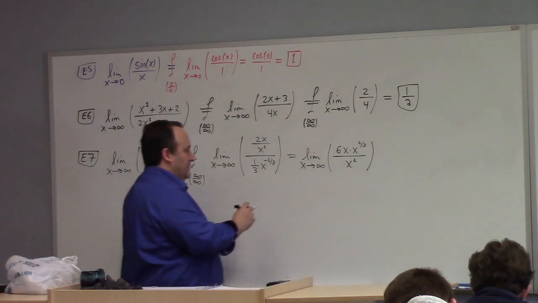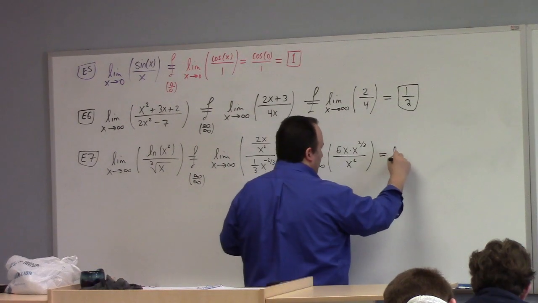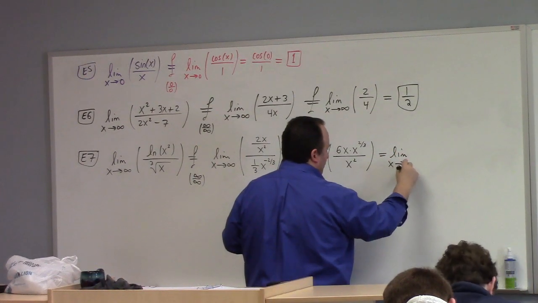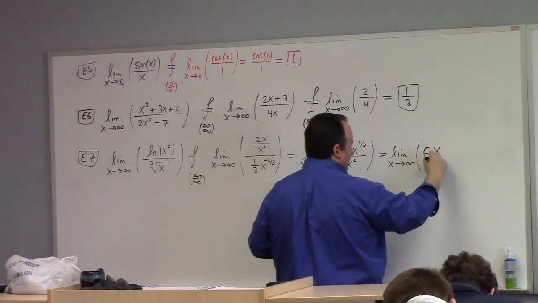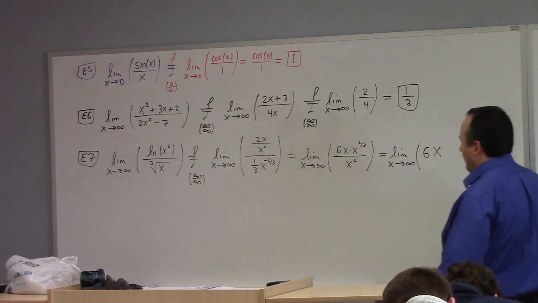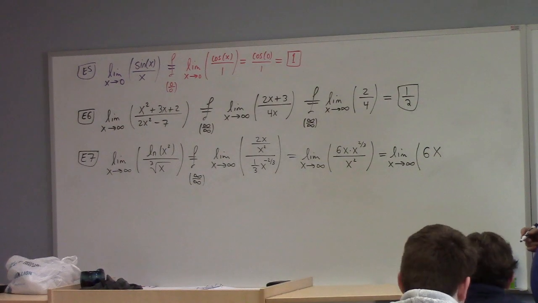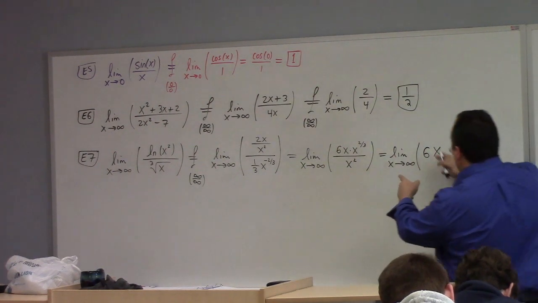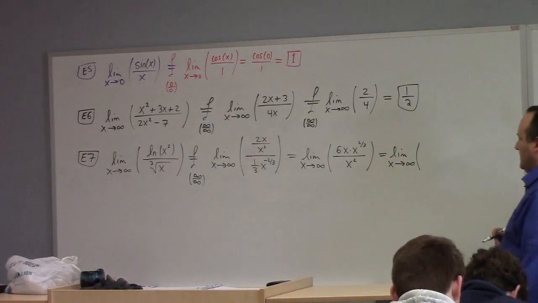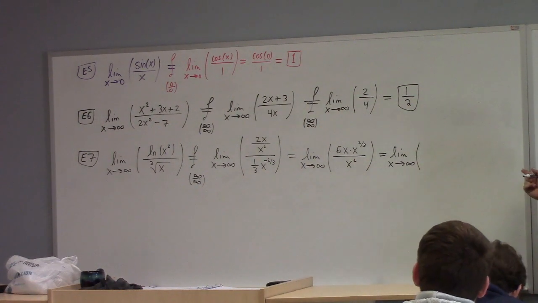What's the net? What do we have here altogether? 6x to the what? Well, let me think about this. So upstairs we have what? Upstairs we have x times x to the 2/3, which is what?